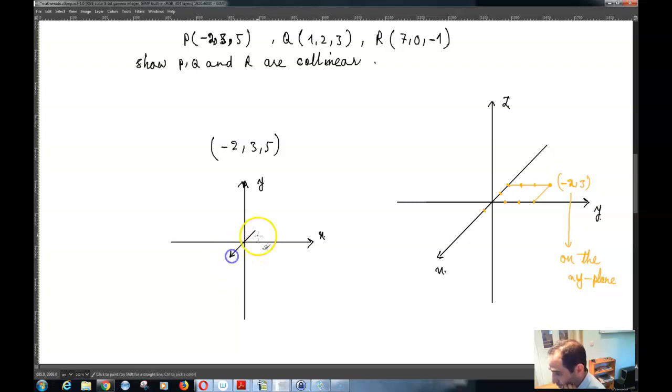If I do it this way, for example, this would be basically your z-axis.